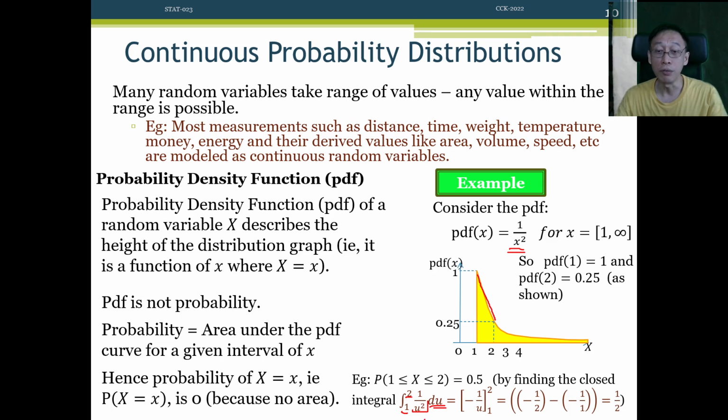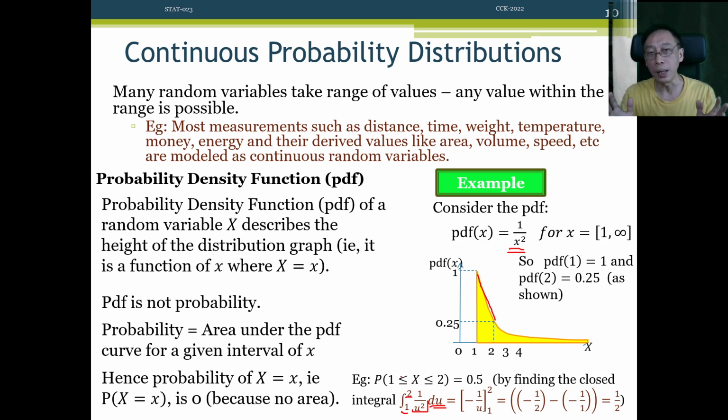The integration of this can be easily looked up from tables if you cannot recall. And not being able to recall the integrated form is okay, not to worry, because we're here to learn about statistics and probability, and we're not here to be tested on calculus. So you shouldn't need to worry about memorizing all the integral formulas, that is not called for.